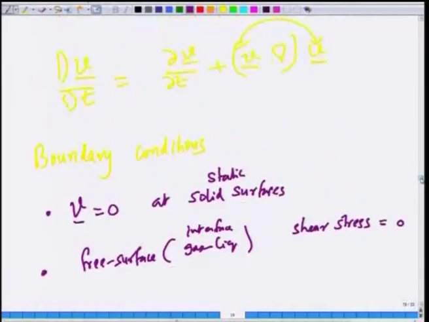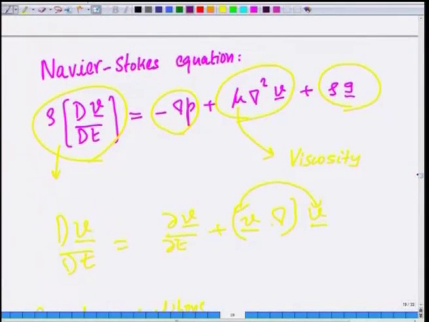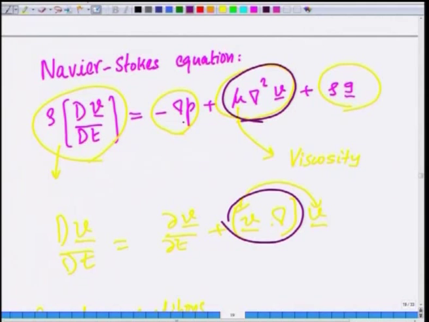The other thing that has to be kept in mind while solving the Navier-Stokes equations is that only in Cartesian coordinates do the various terms become very simple. You have these various operators involving del, such as del squared, and I have told you many times that the form of these operators, the gradient, divergence or Laplacian, are very different in different coordinate systems.